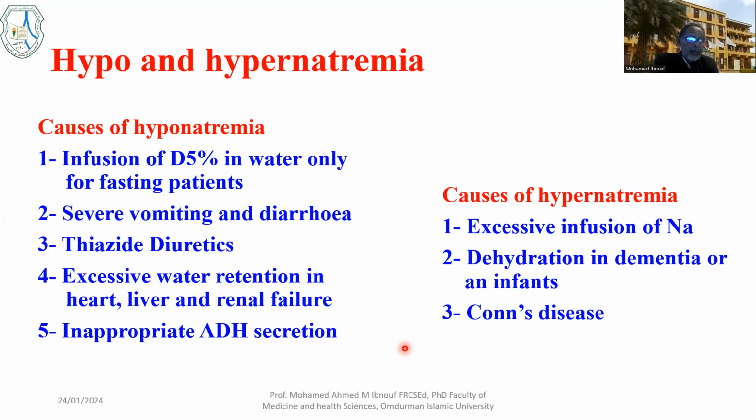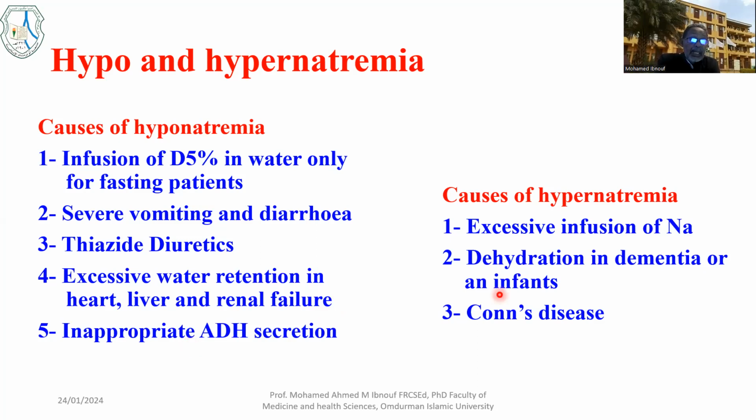Also, patients lose sodium with thiazide diuretics, causing hyponatremia, and hyponatremia can be due to excess water retention in heart failure, renal failure and liver failure, causing a relative hyponatremia, dilution of the sodium. And also inappropriate ADH secretion; in diabetes insipidus, there is polyuria that leads to depletion of sodium causing hyponatremia.